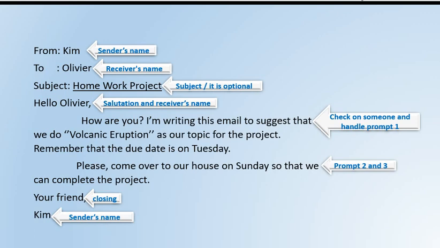So basically you can write your email in 2 paragraphs having 5 lines. Don't forget that, 5 lines. Then after that you put your closing, Your friend, comma, then you put your name down as the sender. So basically that is what email writing is all about.